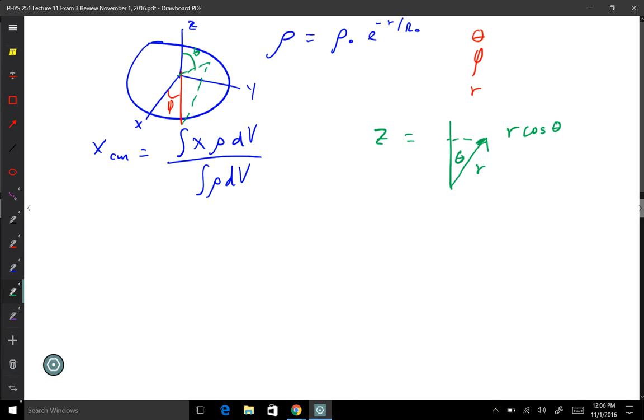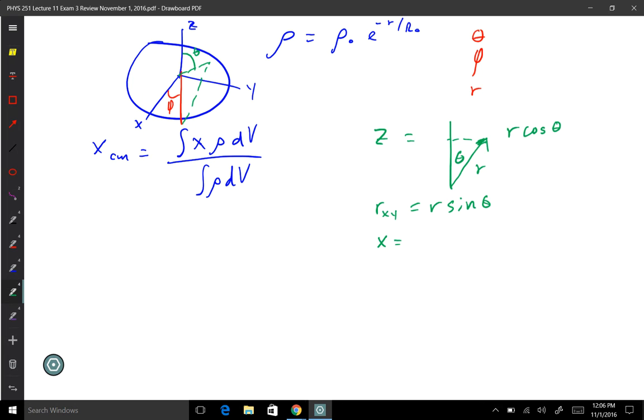Now for x and y, my radius in the xy plane is going to be the opposite side of that, which is r sine theta. And so that means to find my x component, if this red part is r sine theta, then the x component will be cosine phi of that.